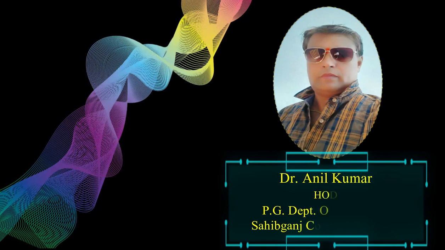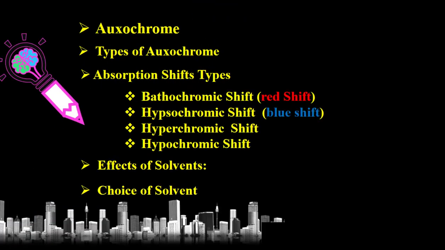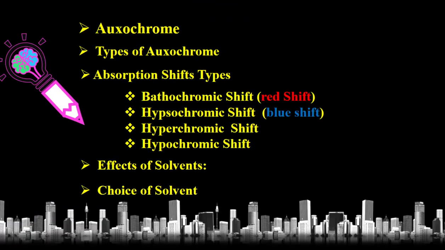During the lockdown period, I am going to explain a very interesting topic, auxochrome and different absorption shifts. At the request of different science stream students of UG and PG semesters, I am going to explain what an auxochrome is, the definition of auxochrome, the different types of auxochrome, and the absorption shifts and their types, like red shift, blue shift, hyperchromic shift, and hypochromic shift.